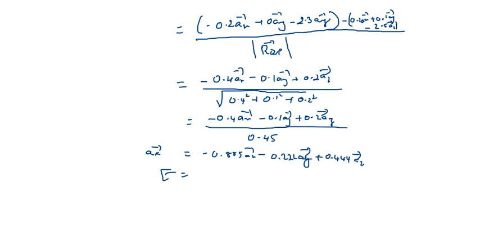We know the value for Q, that is given as 5 nanocoulomb, so 5 into 10 power minus 9 divided by 4 into pi, so 4 into 3.14, into the constant epsilon naught value, which is 8.854 into 10 power minus 12, into r square.